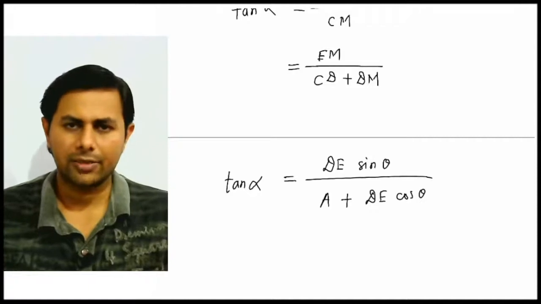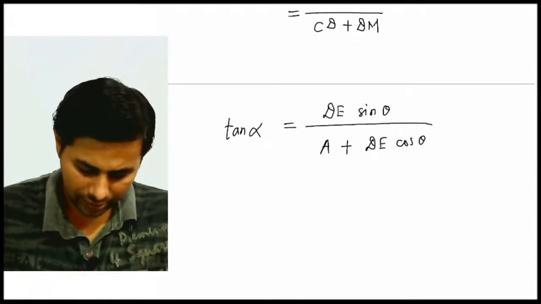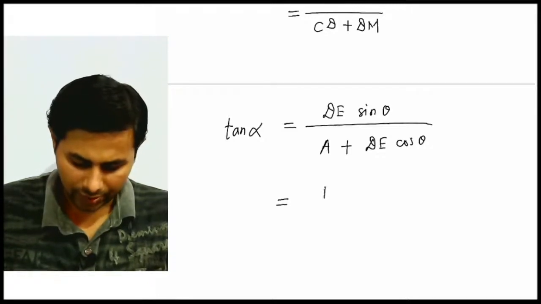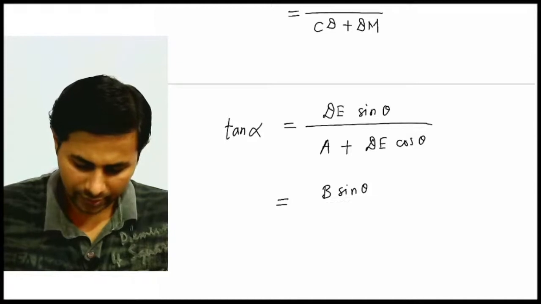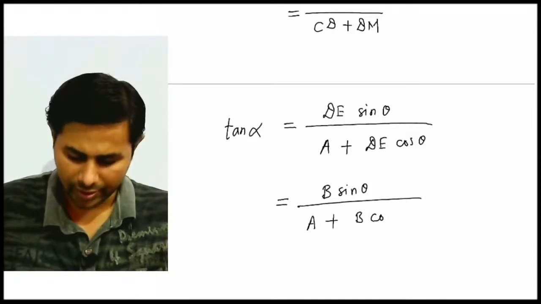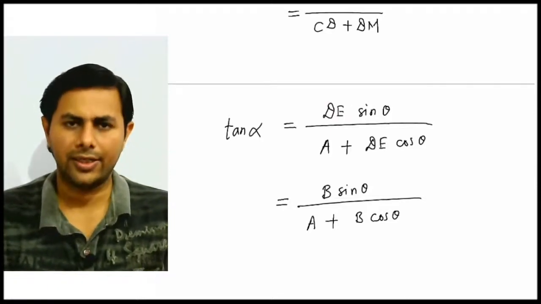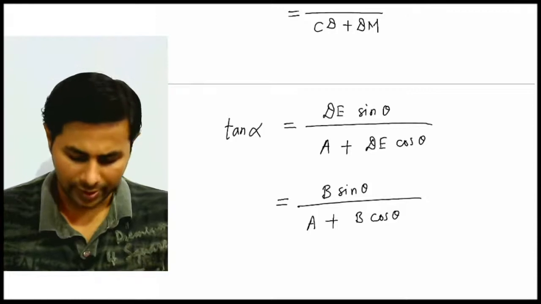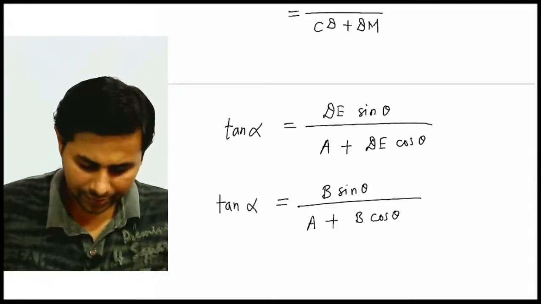And what is DE? It is the magnitude of vector b bar, since the length of side d is equal to the magnitude of b bar. So tan alpha equals b sine theta divided by a plus b cos of theta.